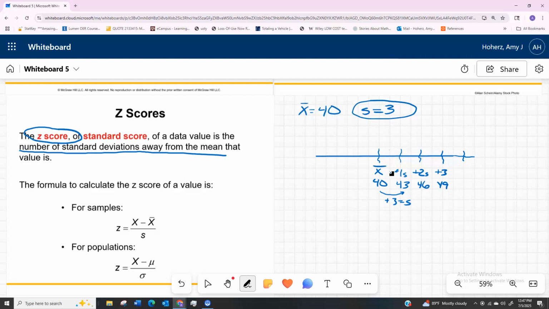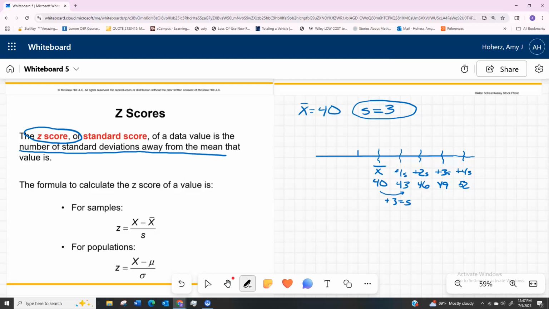The data can go past that, but as we learned from Chebyshev's rule, most of the data is within 4 standard deviations. So this would be 52. So plus 1, plus 2, plus 3, plus 4 standard deviations gives us 43, 46, 49, 52.